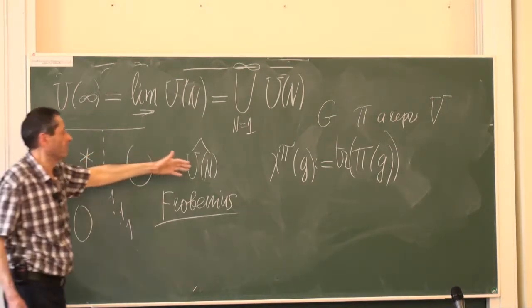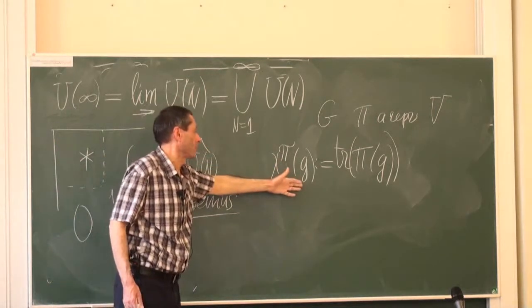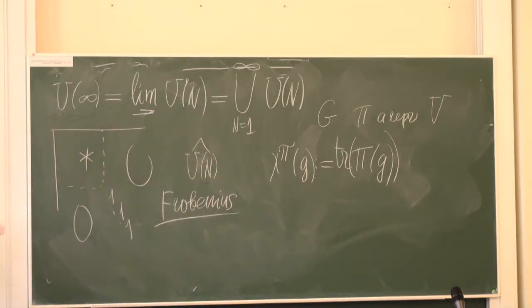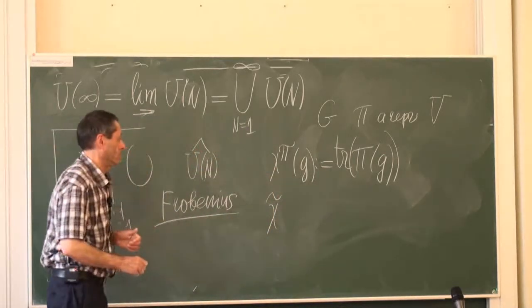To define a trace means to define the trace of the identity operator, which corresponds to the unity element of the group, and the trace is infinity. So the idea is to normalize this object.